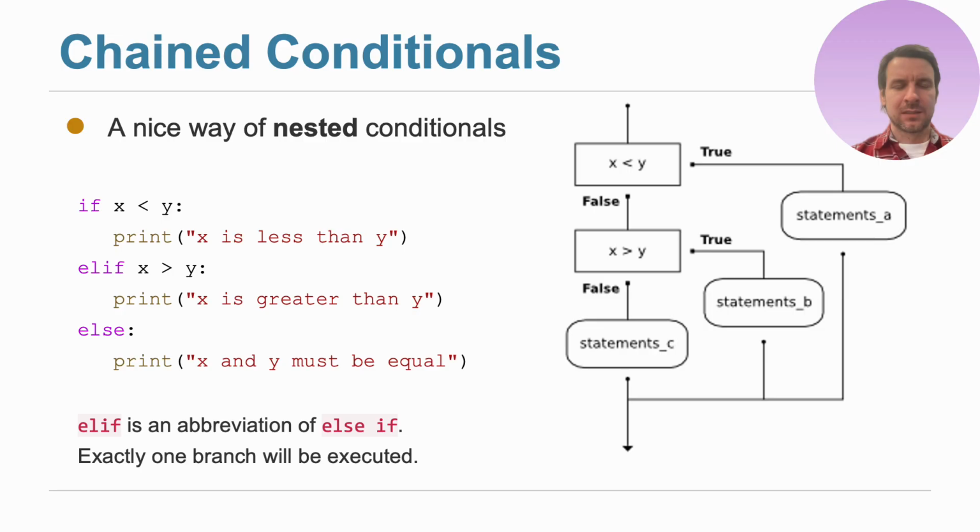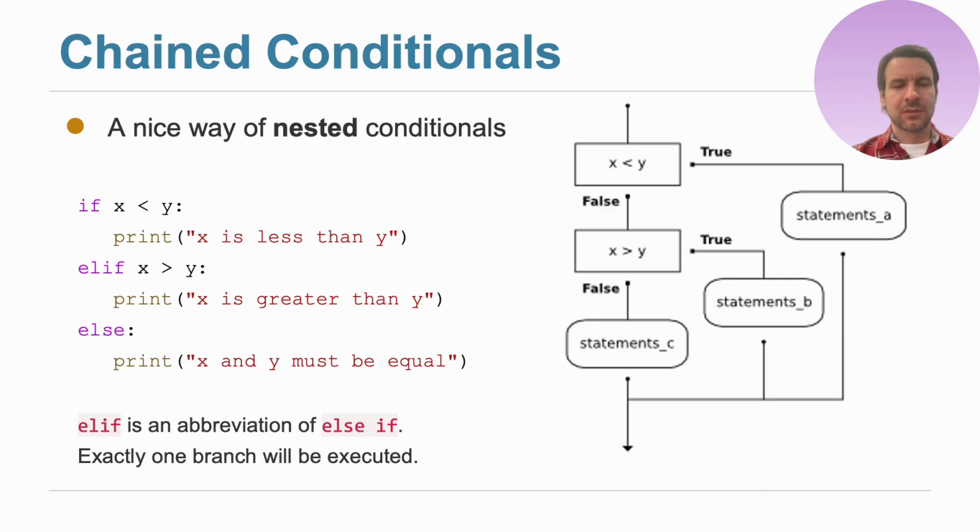You can make this a little bit nicer. You have first the if condition, if x is less than y, which is the same as before, and then in the second branch you would like to write else if.